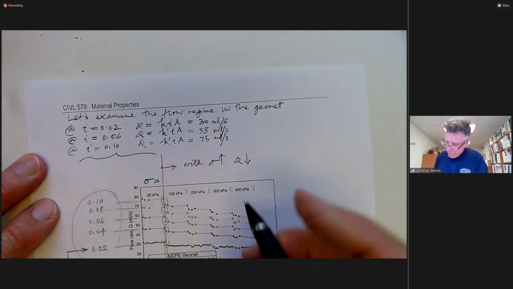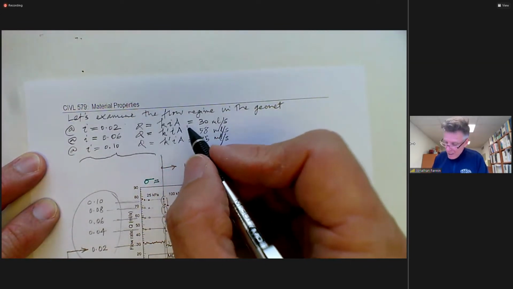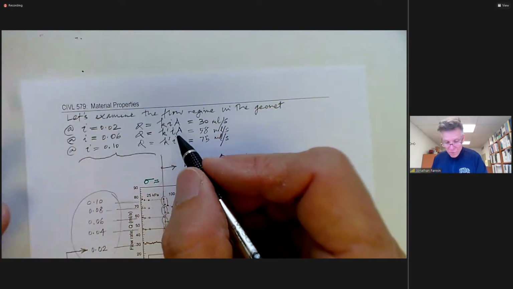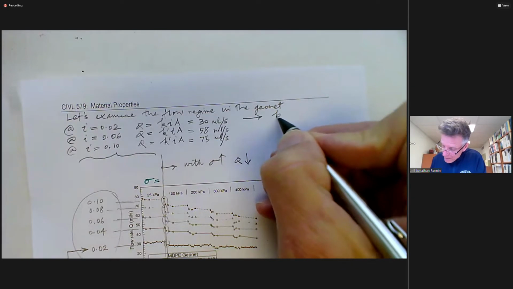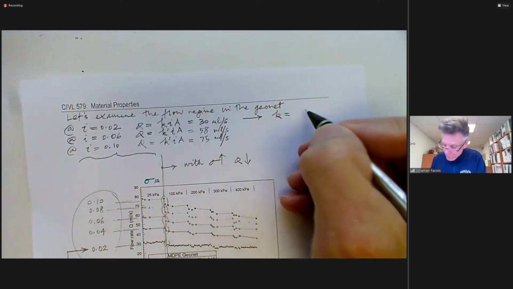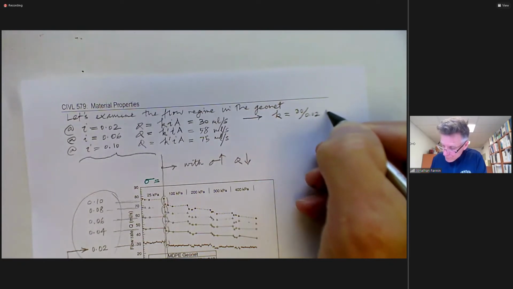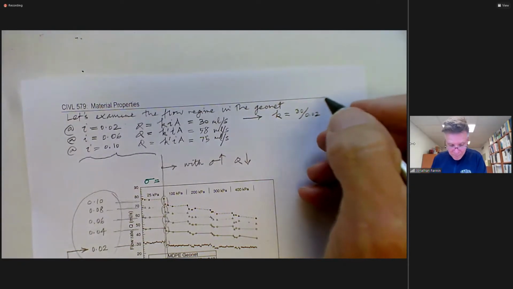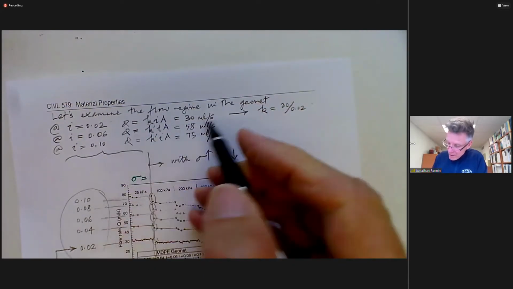So if I go through and I look at the flow rate at the I equals 0.02, or I look at K, I'm going to get that K is equal to 30 over 0.02 times A. Q divided by IA.